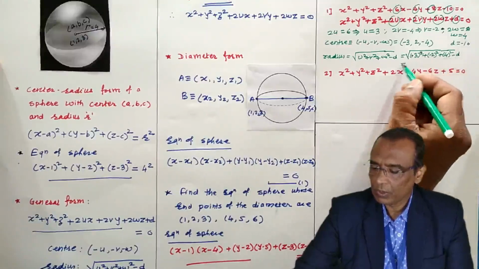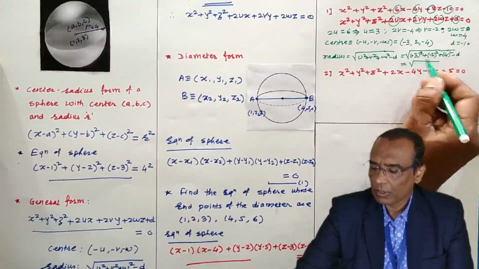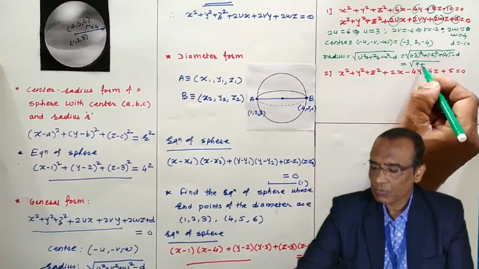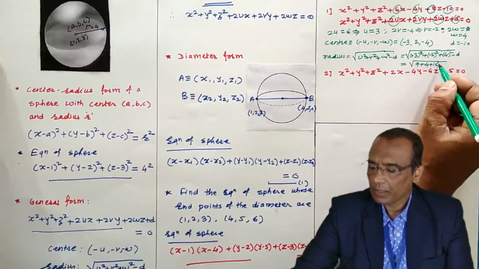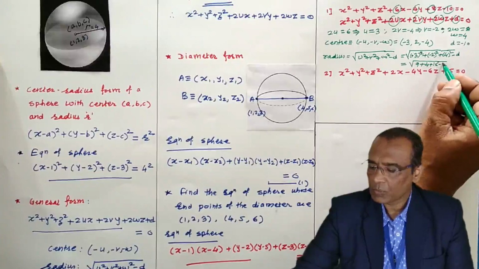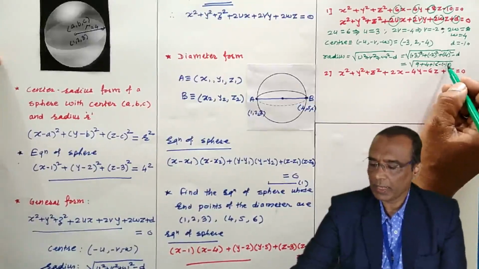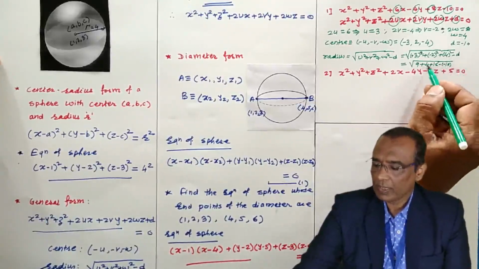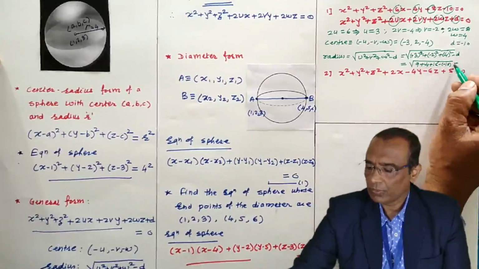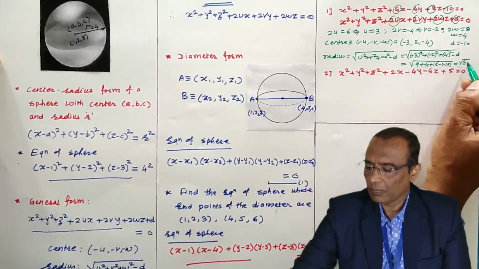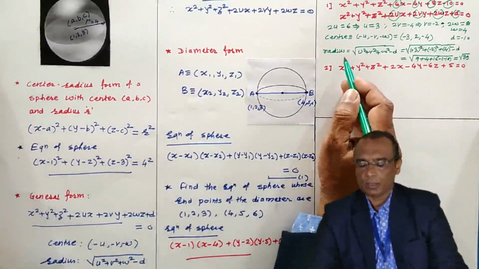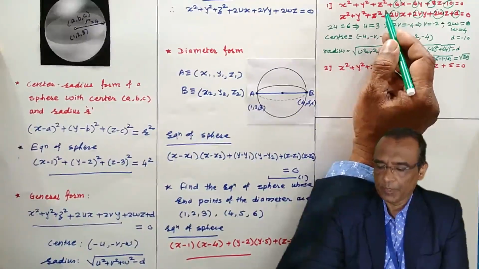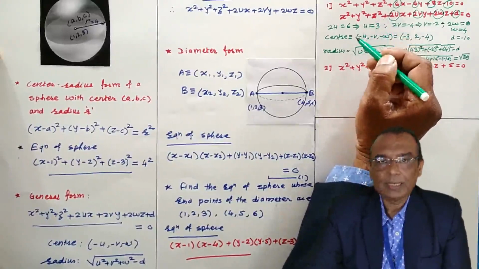This is equal to the square root of 9 plus 4 plus 16, and minus of d is minus of minus 10, which is plus 10. So 20, 29, and the square root of 29. The square root of 29 is the radius of this sphere.